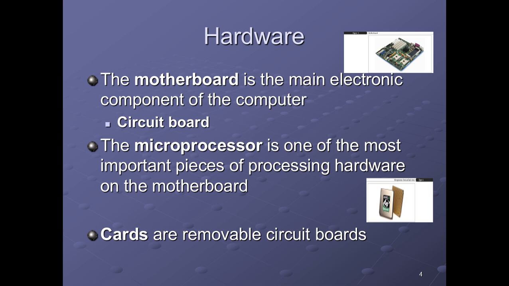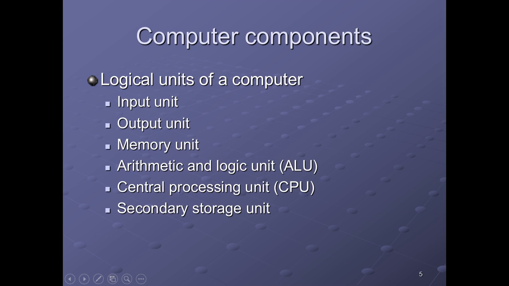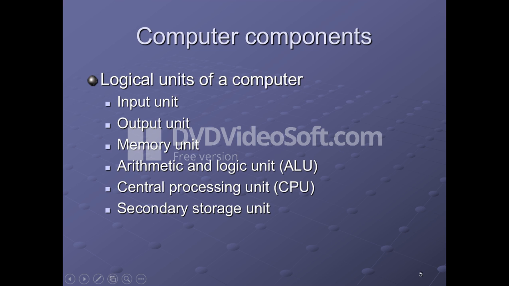Cards are removable circuit boards. You can remove a card. And the computer components: input unit, you know about that one, output unit, memory unit, arithmetic logic unit, central processing unit and secondary storage unit.